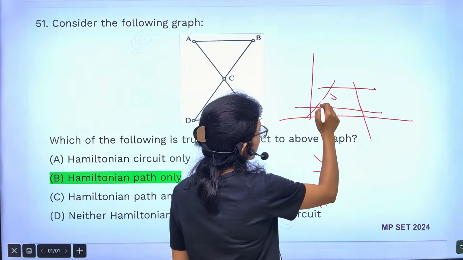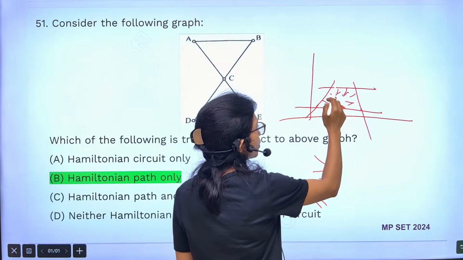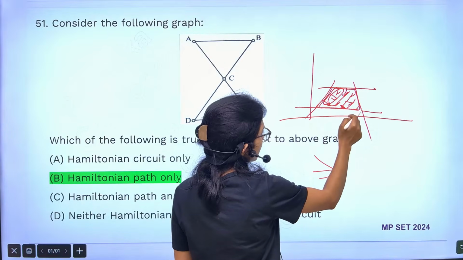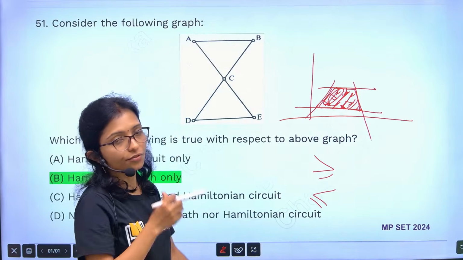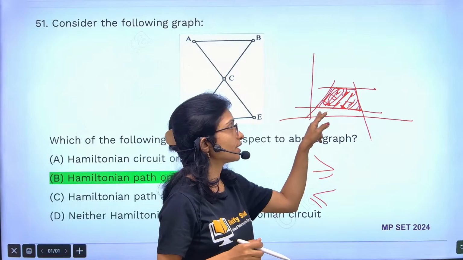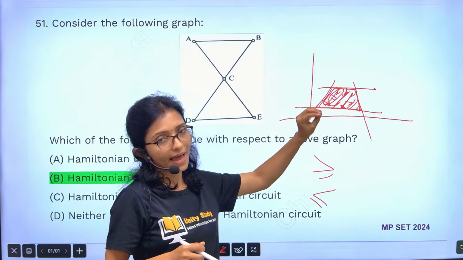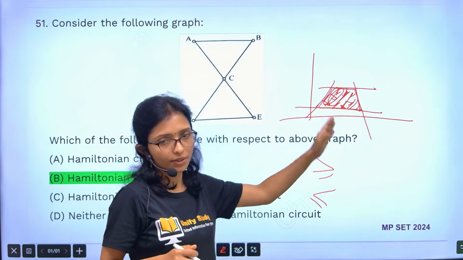Like that we draw the arrow, and after drawing the arrows, if we get a bounded region here, that region is my feasible region. From this feasible region, we take the value at each and every corner. If it is max, we go for max. If it is min, we go for min.